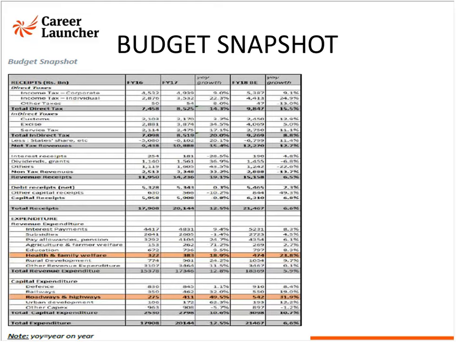And in revenue expenditure, your health and family welfare has increased by 23.8%. Overall, your revenue expenditure is up 6% and your capital expenditure is up 10.7%.